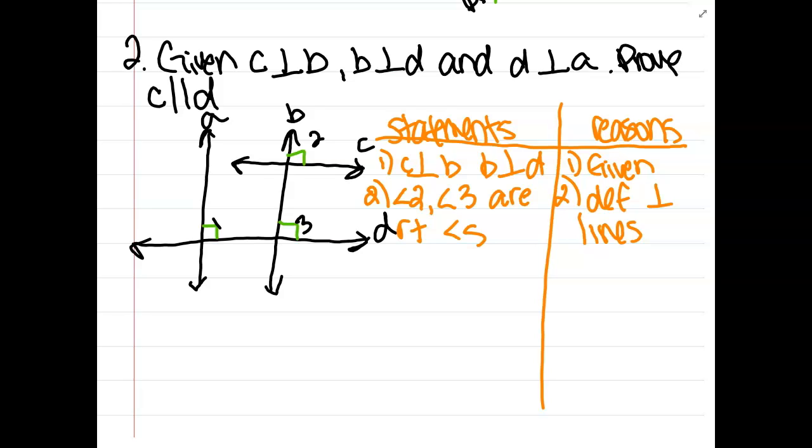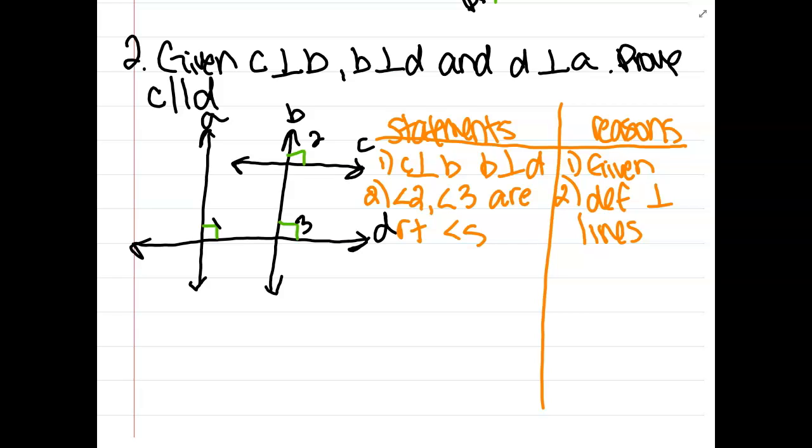Now there's a couple ways that you could do this one. We could prove this basically the exact same way we proved the last one. But if I'm allowed to use the theorems from today, think about it. I have two lines that cross at 90-degree angles with the same line. Isn't that enough to prove that they're parallel?